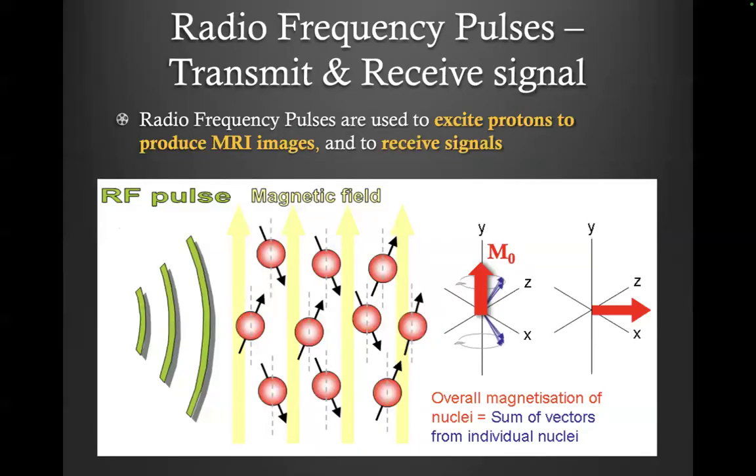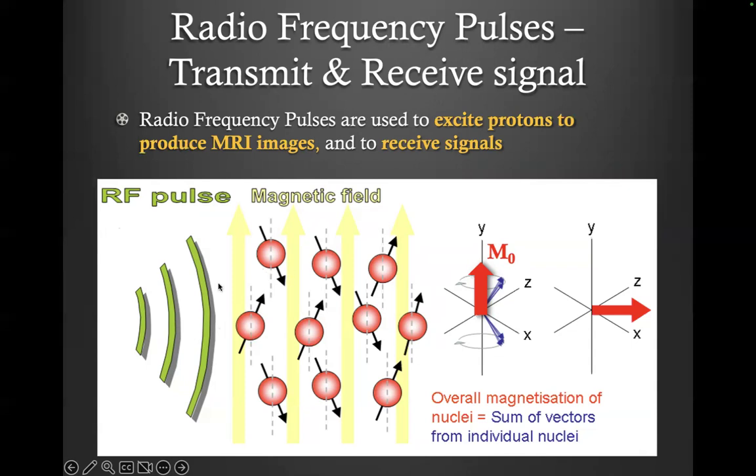So we talk about radio frequency coils, which transmit these radio frequency pulses and receive signals. And the reason is, if you still remember when we talked about nuclear spins in the main magnetic field, they will be aligned to the magnetic field or anti-parallel to it.